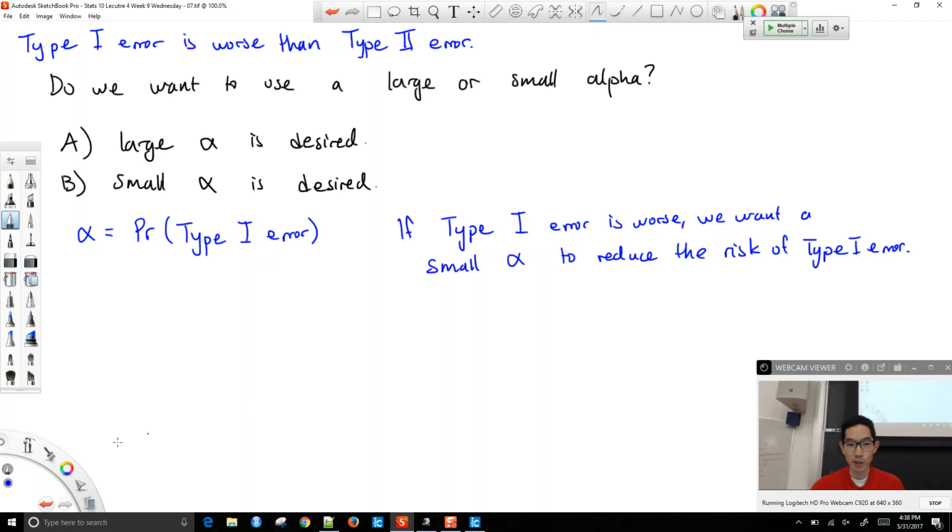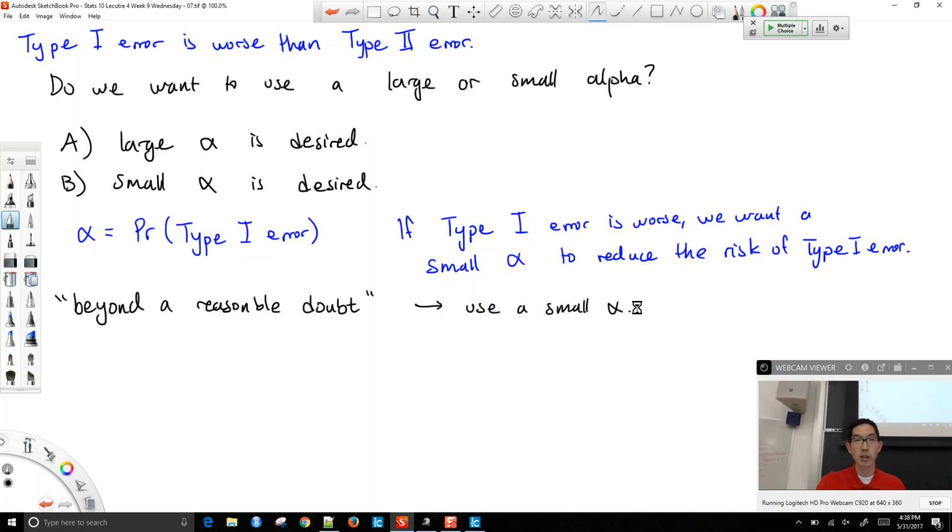That's the phrase that they use, because when it comes to convicting someone, they don't want people to convict because they just have a hunch or a gut feeling. They want it to be beyond a reasonable doubt, which is equivalent to saying use a small alpha. Make sure that the evidence is very convincing before you reject the null hypothesis in that case.